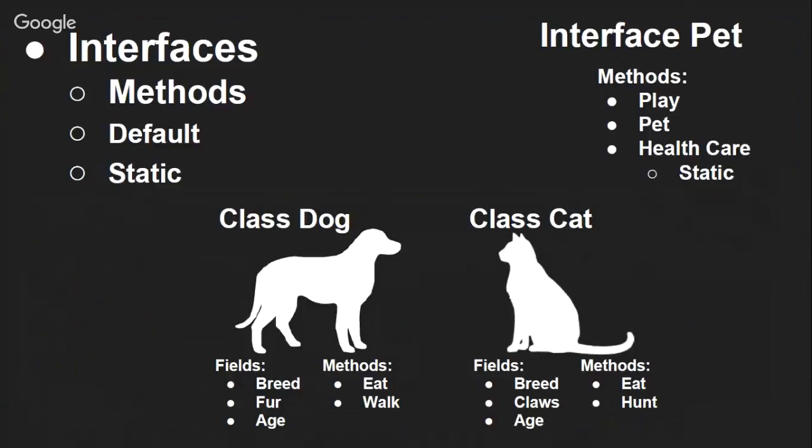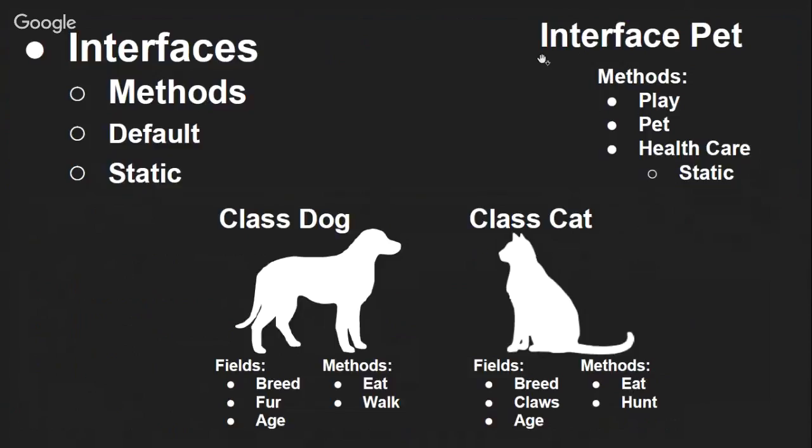For example, we are going to build two classes, the class dog and the class cat. The class dog has the fields breed, fur, and age, and the methods eat and walk. And the class cat will have the fields breed, claws, age, and the methods eat and hunt.